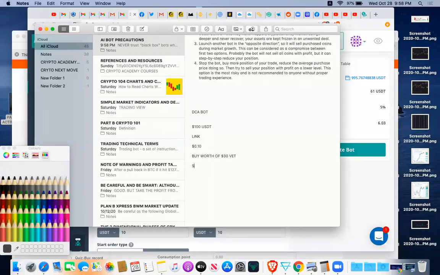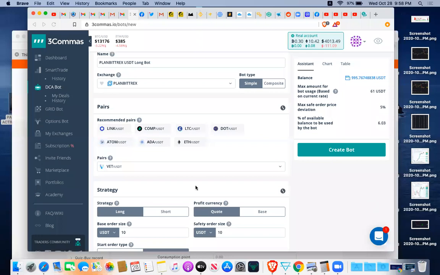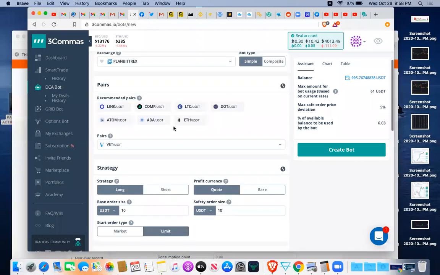Now you have what is called a safety order. This is the order that your bot buys when there's a deviation in the market price from your first entry price. So which means, and that's where you come here to say, okay guys, I'm going long on VET.